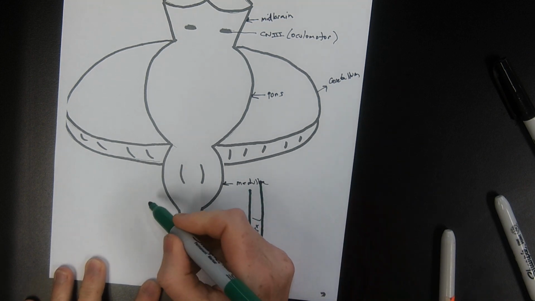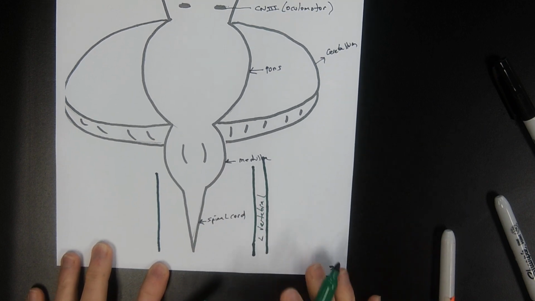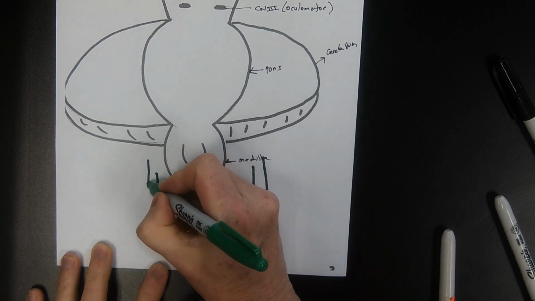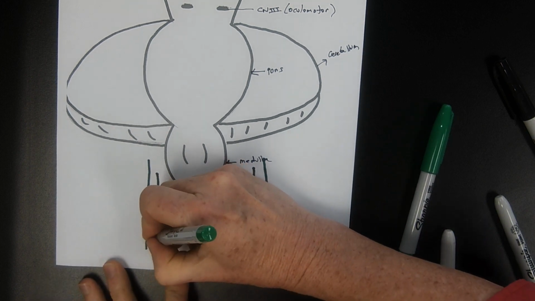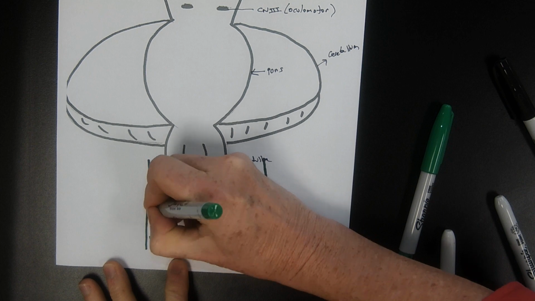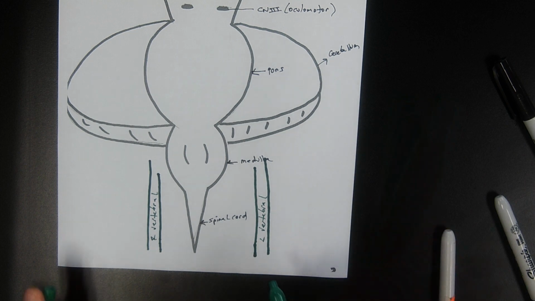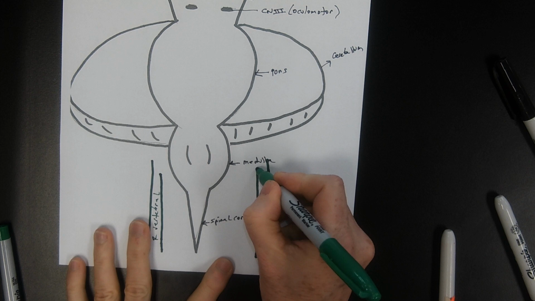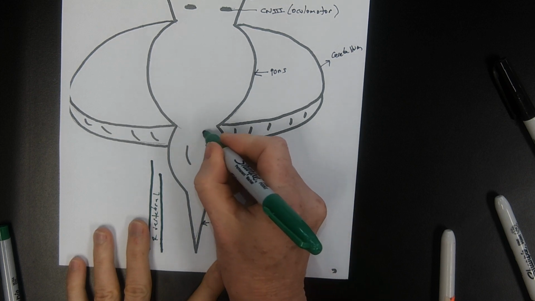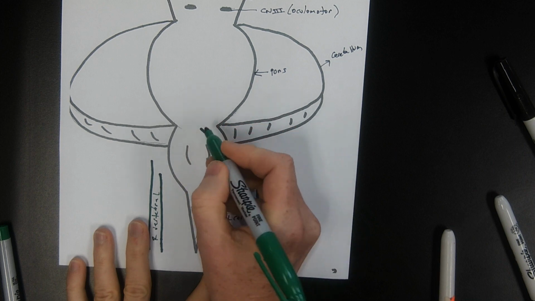And then coming up here on the right side, we have your right vertebral. So just a continuation of what we just looked at. Okay, and then the left and right vertebral arteries come together at about the level of the pontomedullary junction, which is this point right here.